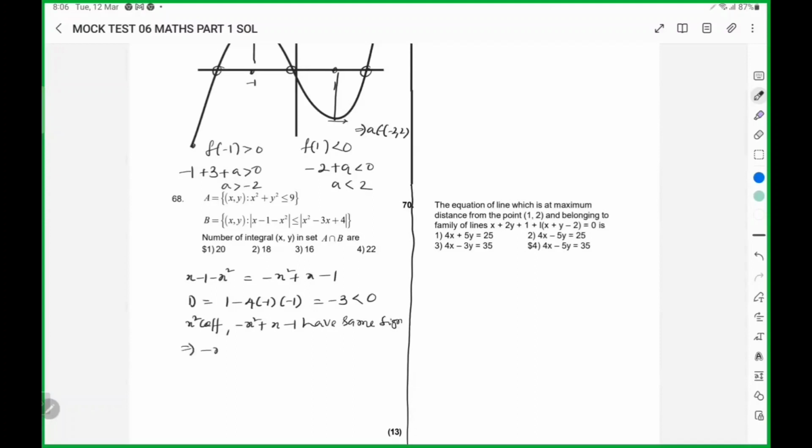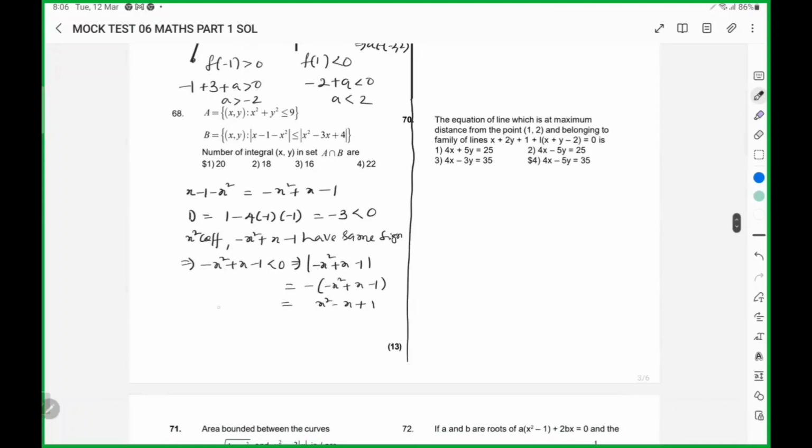That means minus of x square plus x minus 1 less than 0, which implies we can write it as x square minus x plus 1. Similarly, other expression, if you consider here also discriminant negative, which implies it is positive since x square coefficient is positive.